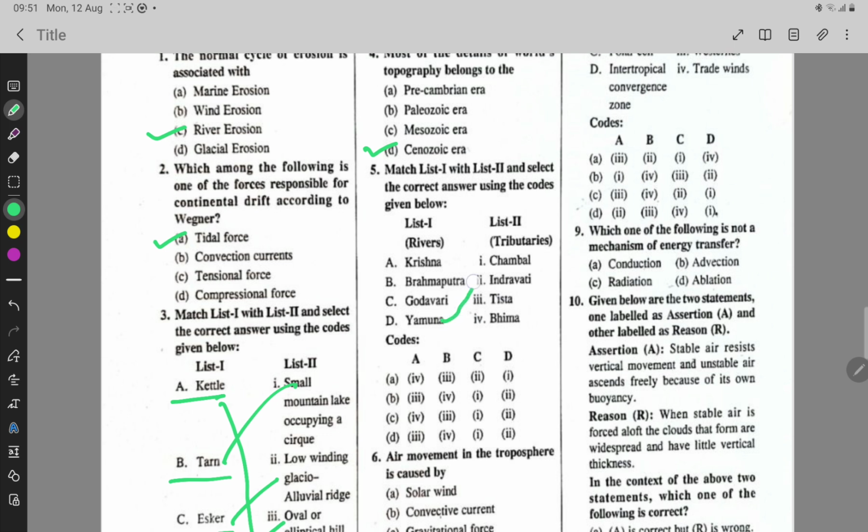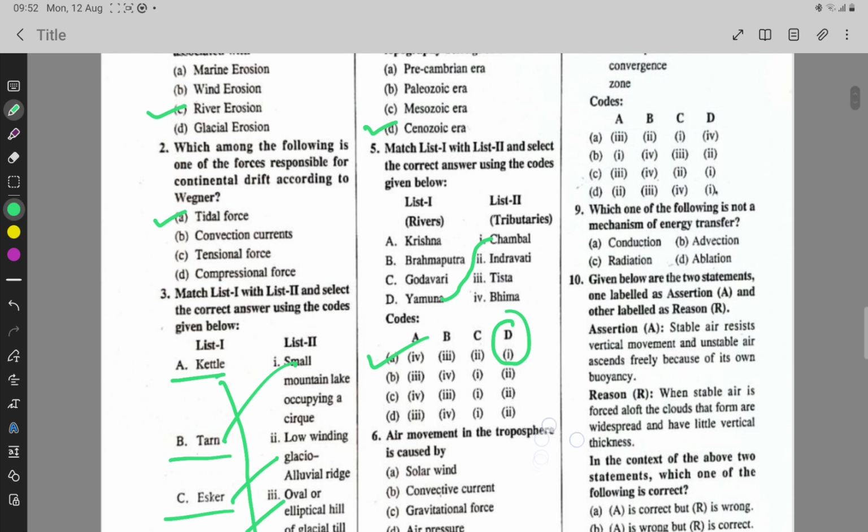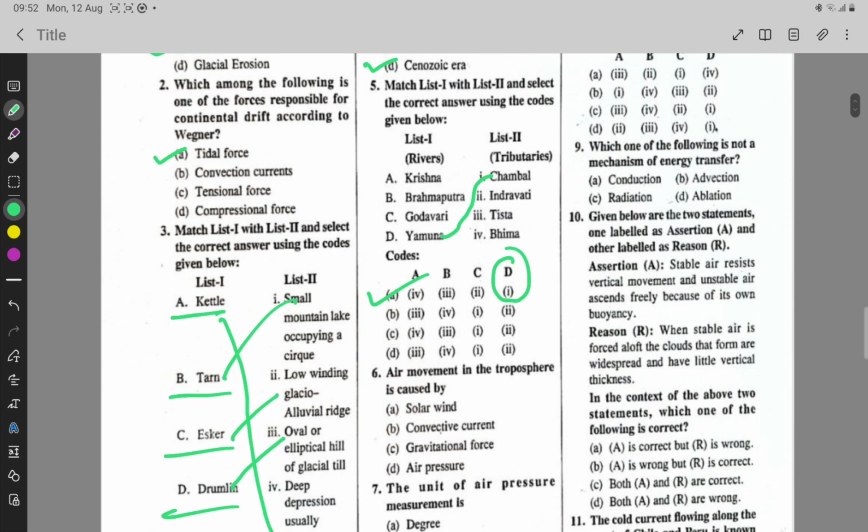Yamuna, Chambal, D1. So D1 is the correct answer. A4, Krishna, Bhima and Brahmaputra, Tista, Godavari, Indravati.